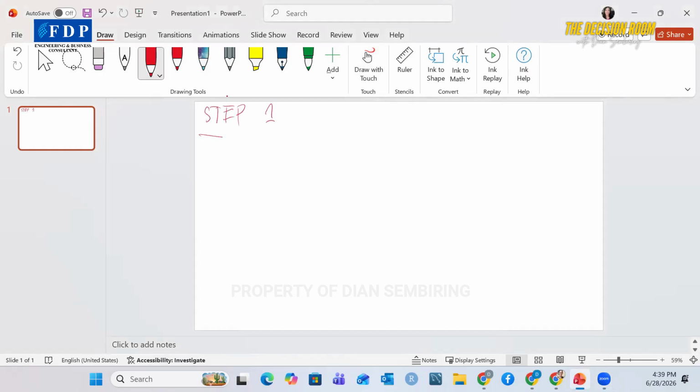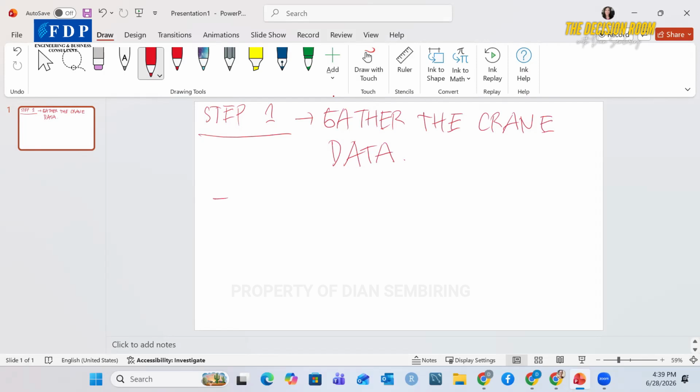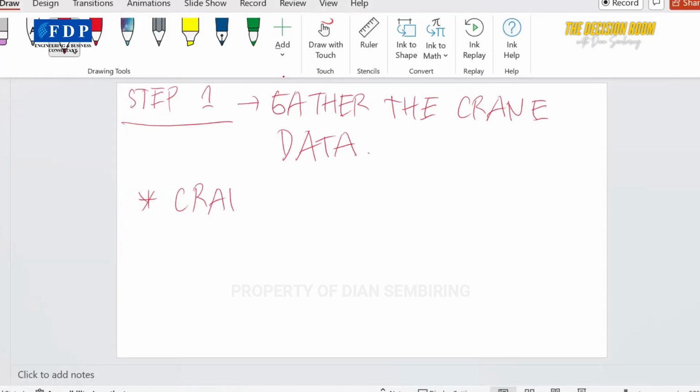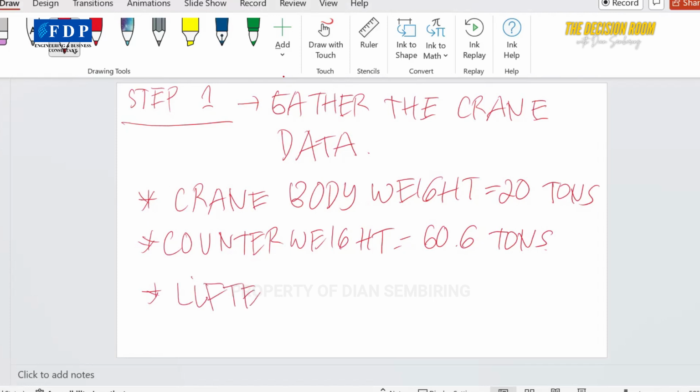Step 1, gather the crane data. For this example, we have, let's say, crane body weight 20 tons, and then counterweight 60.6 tons, and then load 4 tons.